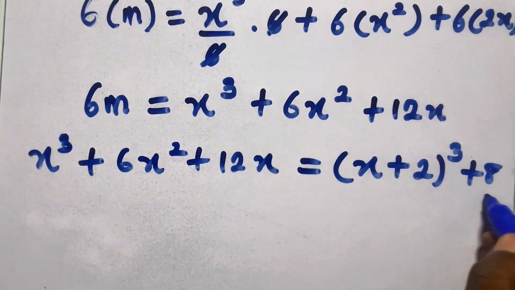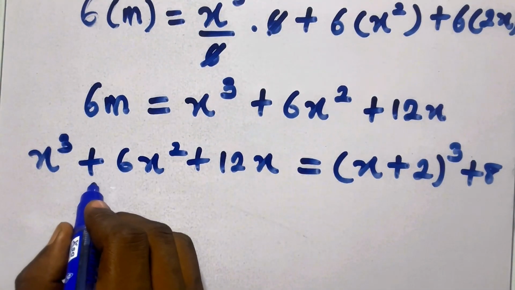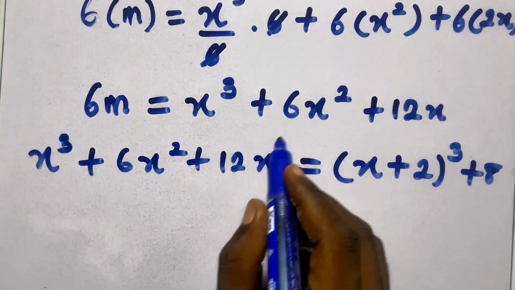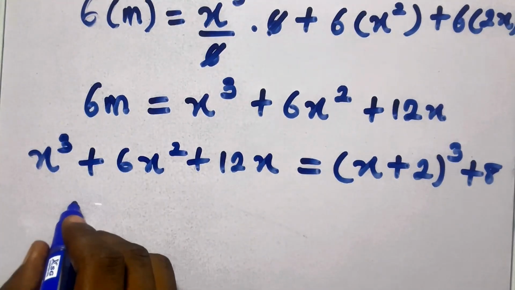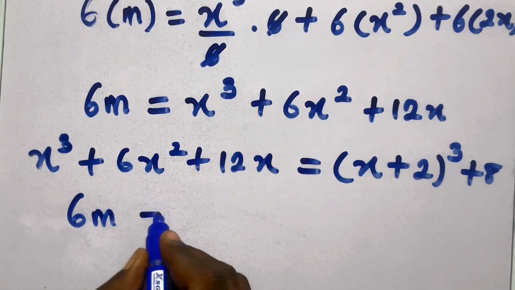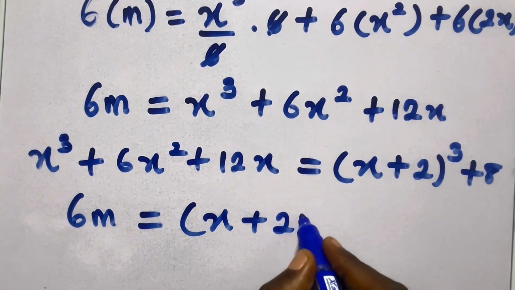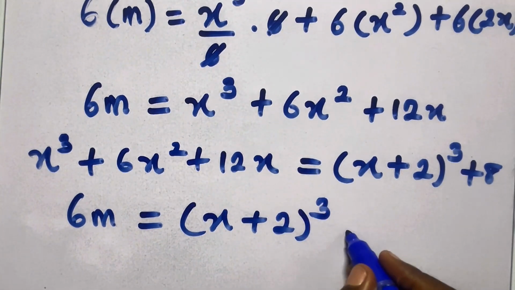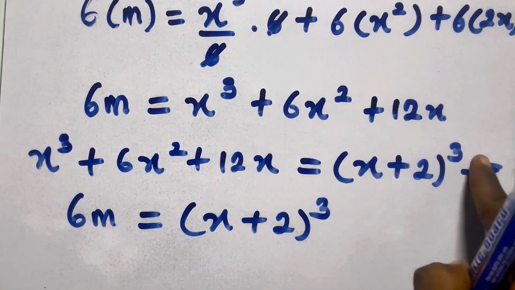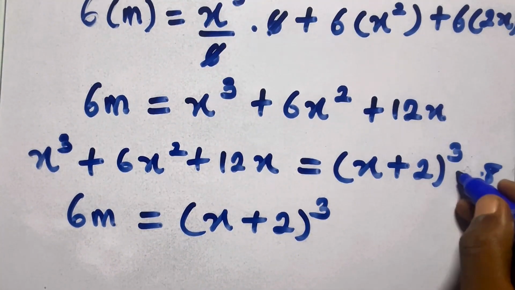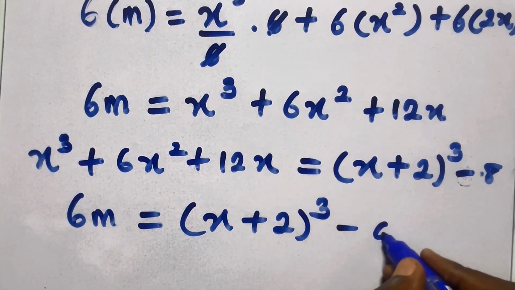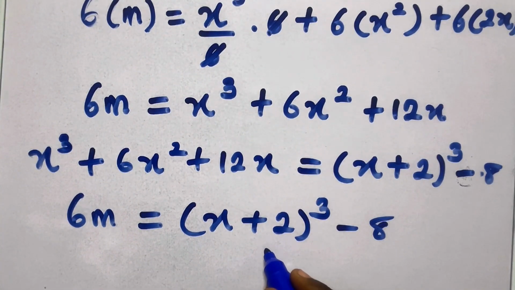So if you expand and simplify this, you are going to get this. So therefore, let's replace this with this. We will have 6m equals x plus 2 raised to the power 3, right? Okay, sorry, this should be minus. So minus 8. All right.